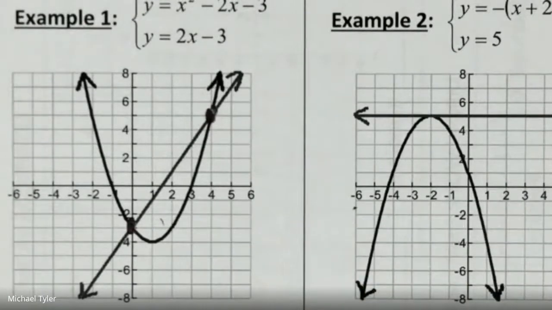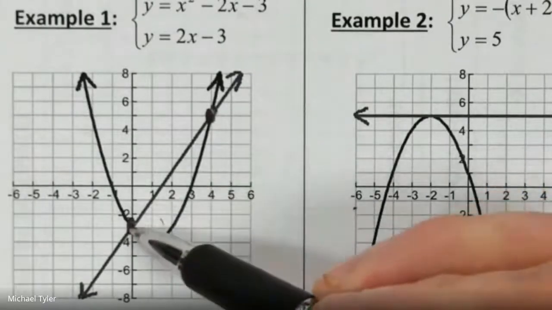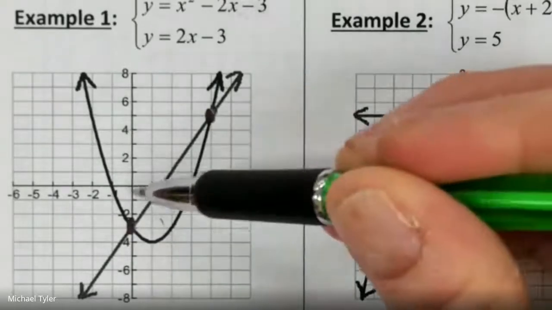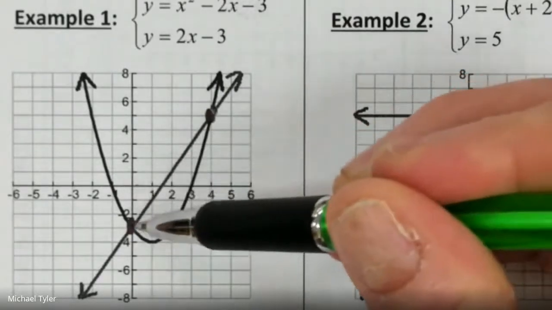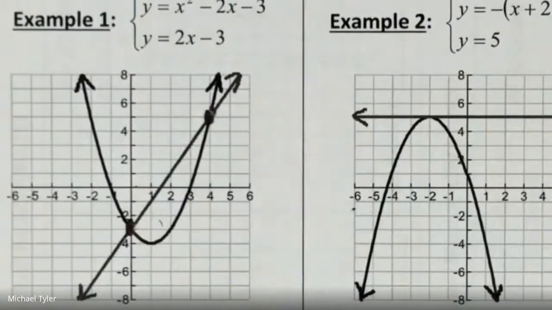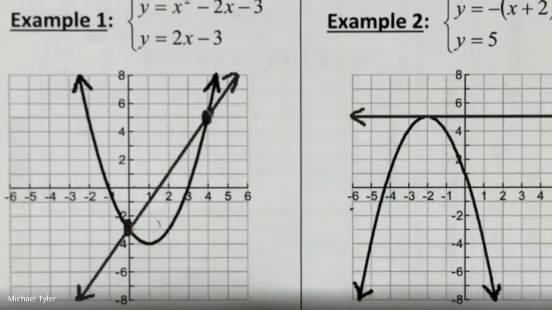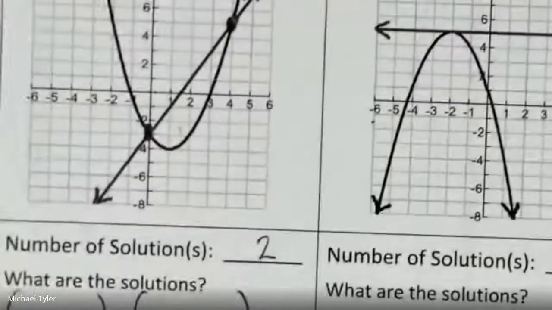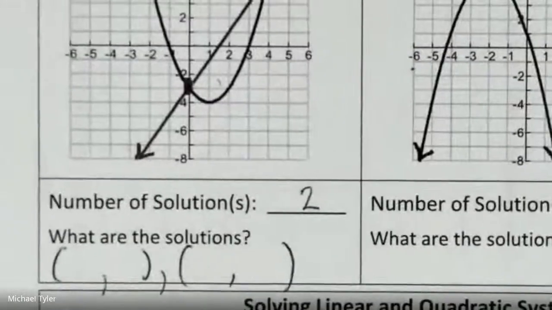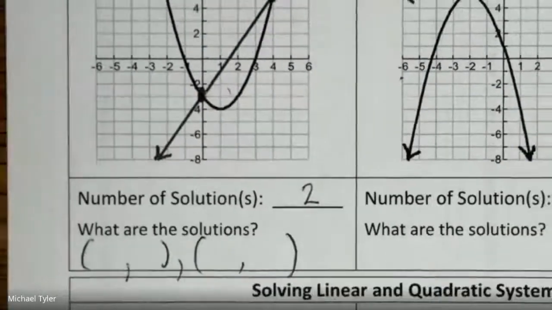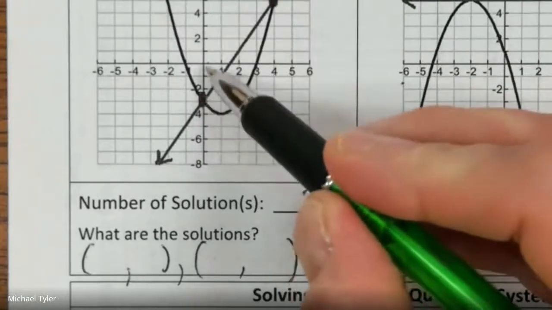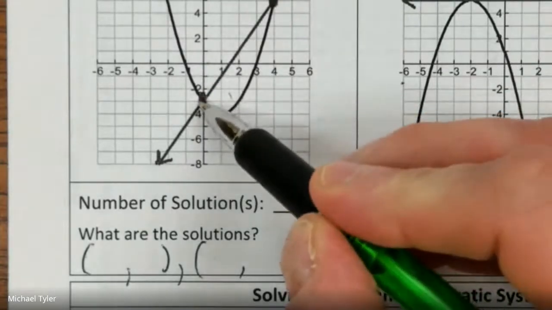But how do we know what the solutions are? Again, it's where they cross. So all we need to do is find that point right here, and I just need the x and y coordinates. So I have 2 points. This one right here is going to be 0, comma, -3.